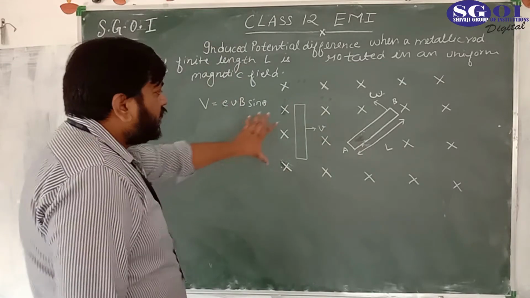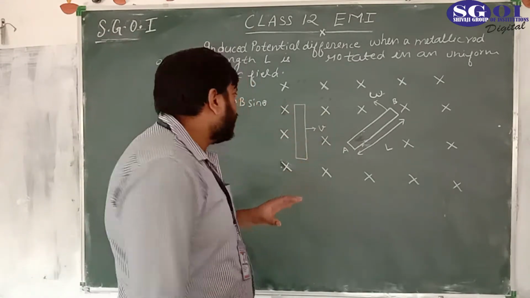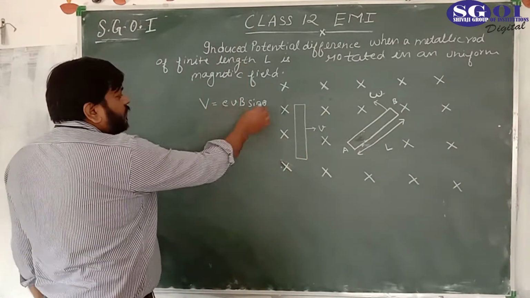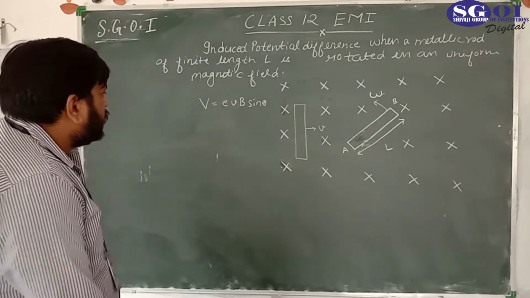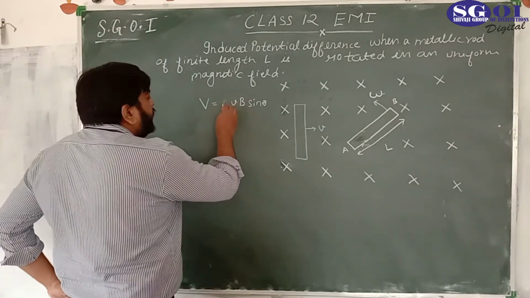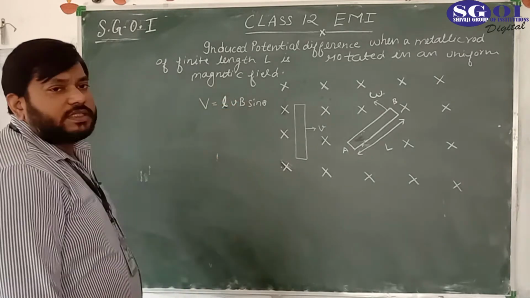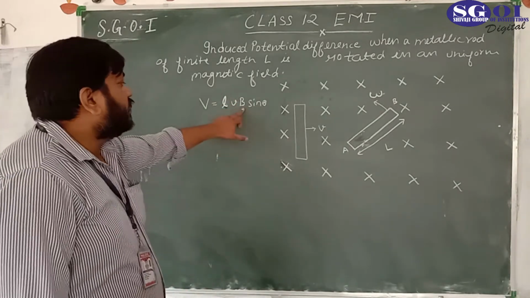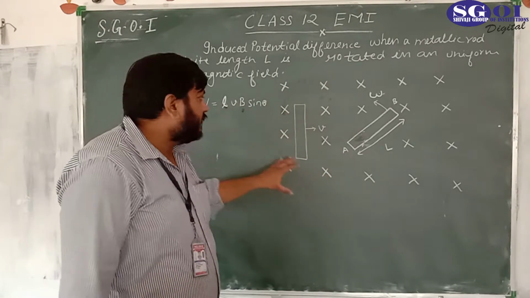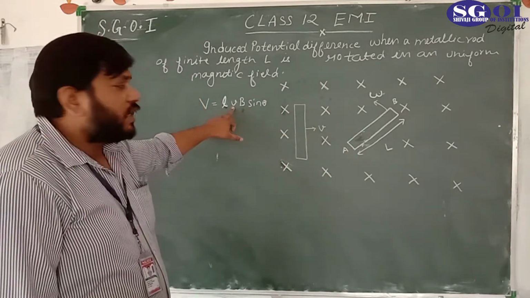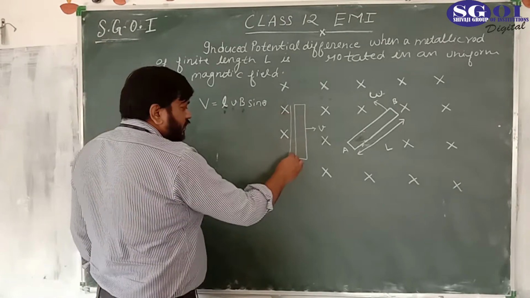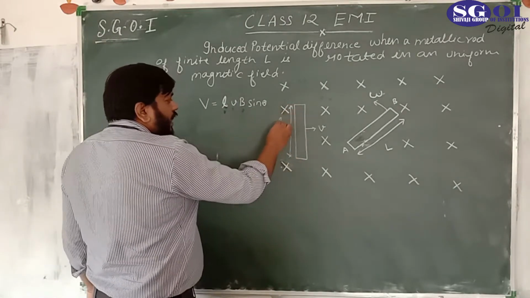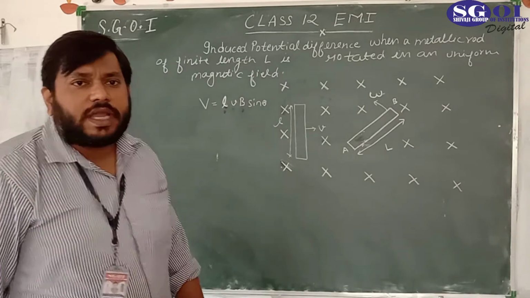In that case, the EMF induced across the end of the conductor is B V L sin theta. B is the magnetic field, uniform magnetic field, V is velocity, and L is length. So this is B V L sin theta.